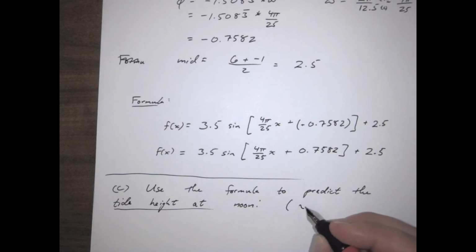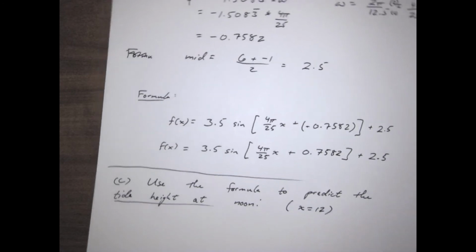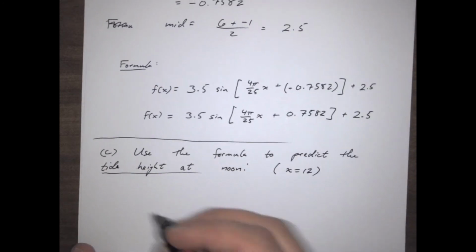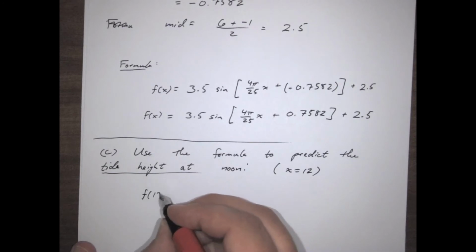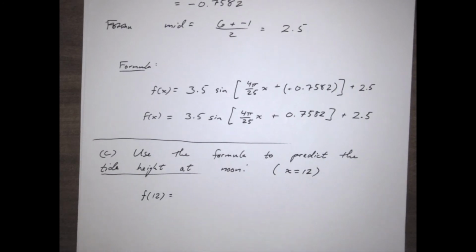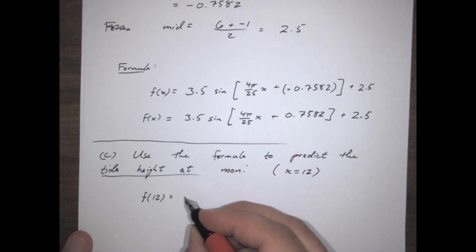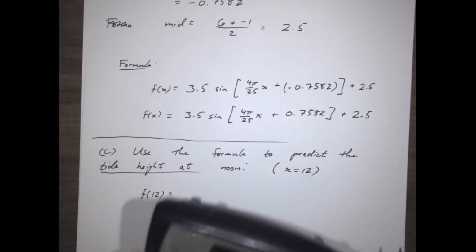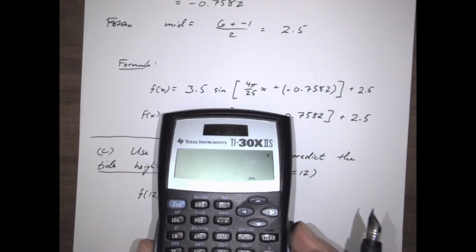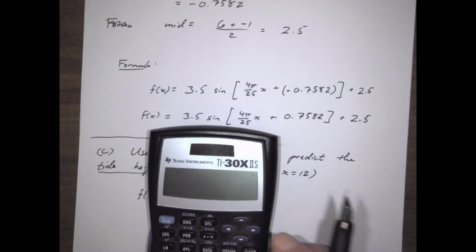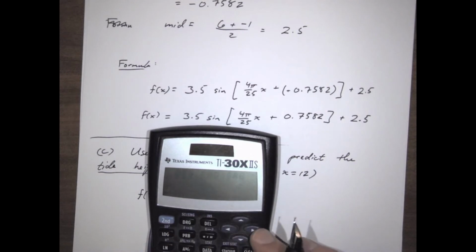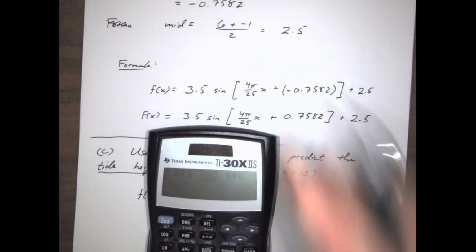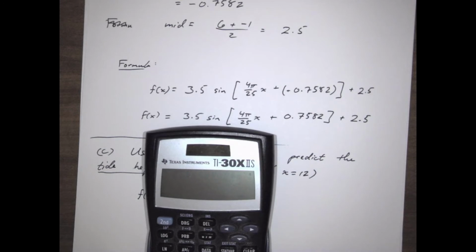And that would be x equals 12. So what that means is just plug into the formula that value for x. Here, we can just do that in a calculator. The important thing is just make sure your calculator is in a suitable mode. This one is currently in degrees, but these formulas, you can tell by the pi, are always going to require radians.